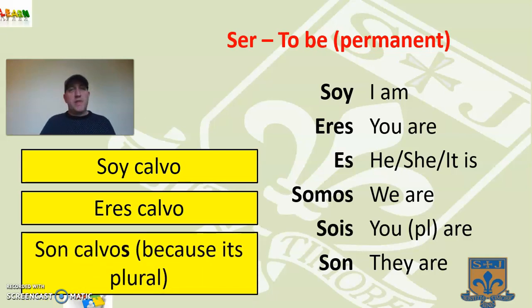Son calvos is if I'm talking about two other people, but because it's plural, I'd have to put the S at the end of the adjective. Don't worry though, because that's going a little bit too far. I run the risk of doing this because I can't really answer your questions one-to-one. So these are just some examples of how to use this verb really, really well.